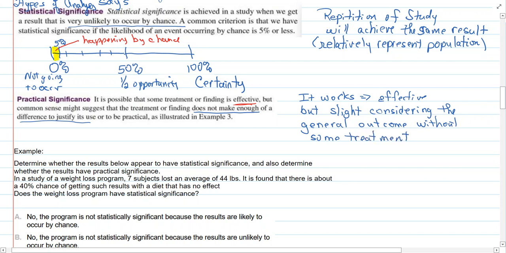Now let's discuss that. There's a slight effect considering the general outcome without some treatment.